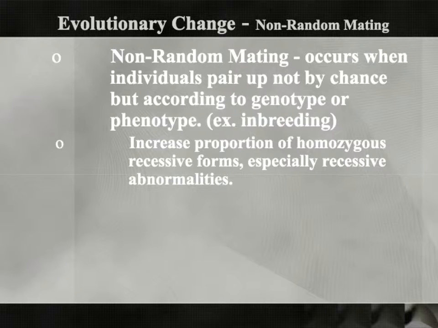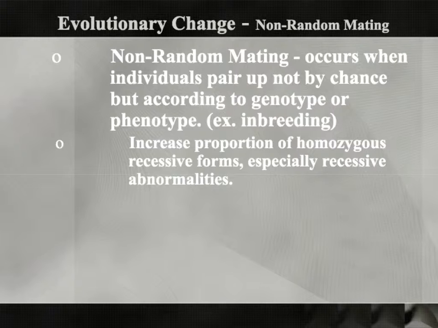Non-random mating occurs when individuals pair up not by chance but according to genotype or phenotype. So maybe with interbreeding, they want to specifically be with certain individuals. If you think within animals, they look for the bigger, stronger, faster, so they only target certain individuals. Within humans, we all have our own taste, so we target only certain individuals.